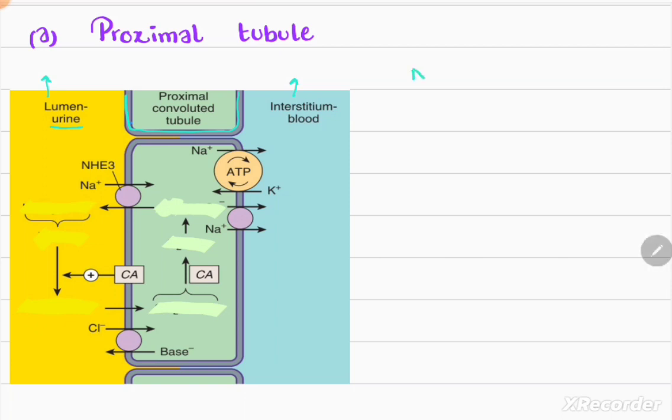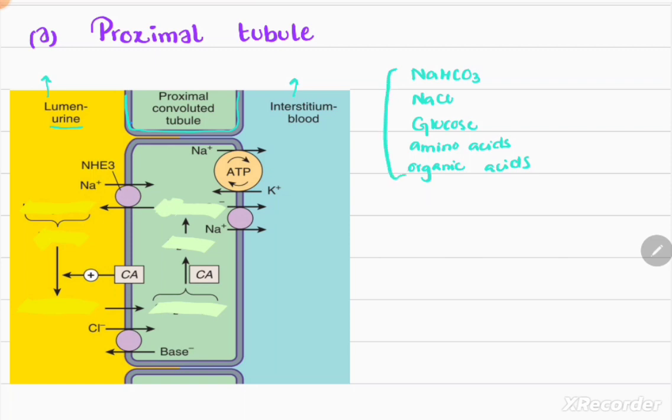So let's revise that: sodium bicarbonate, sodium chloride, glucose, amino acids, and different kinds of organic acids all are reabsorbed in the proximal tubule.